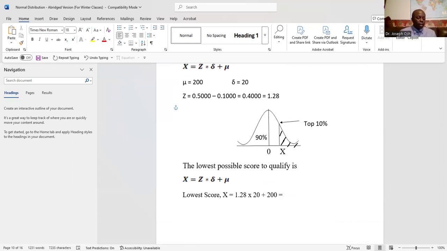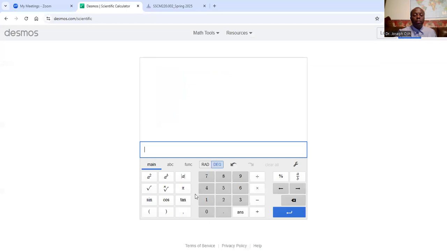So X equals 1.28 times 20 plus 200. Let's go to the calculator. 1.28 times 20 plus 200 is 225.6.